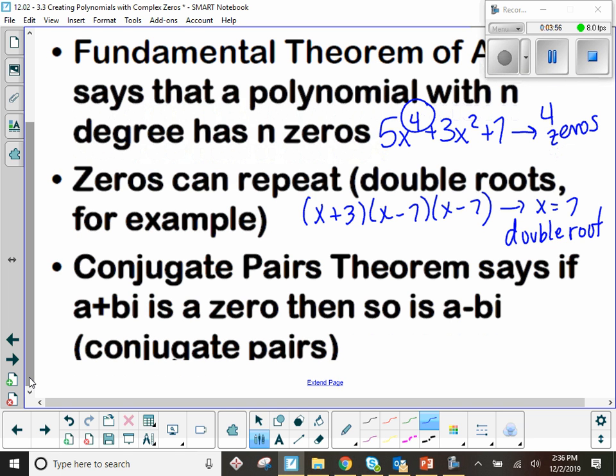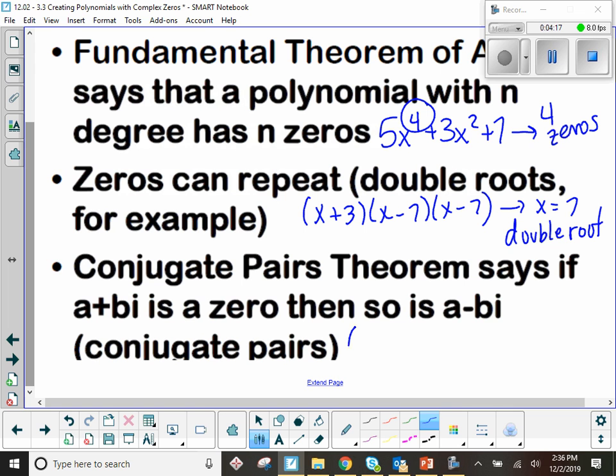Conjugate pairs theorem says if a plus bi is 0, then so is a minus bi. Thank you. So you might not remember this, but when we talked about complex conjugates a while back, we said that one of the reasons we even have that as a thing is this.